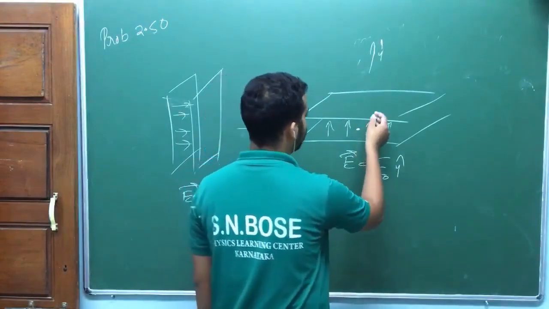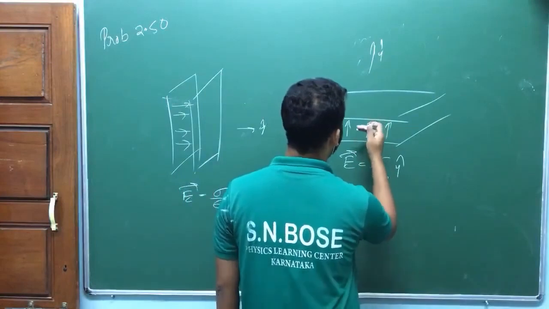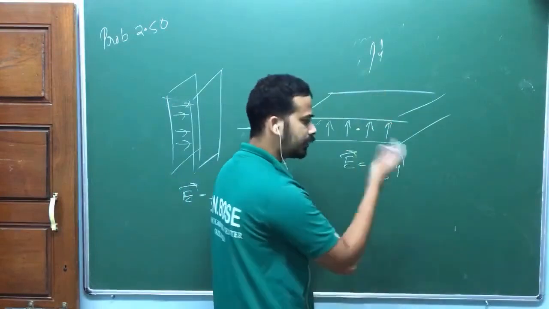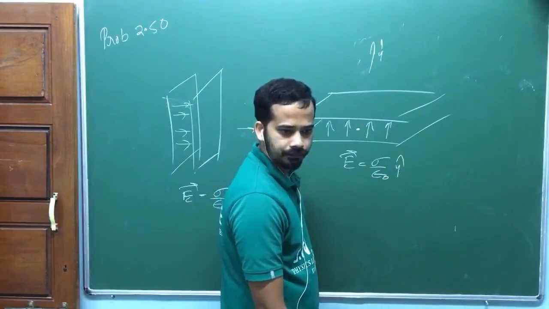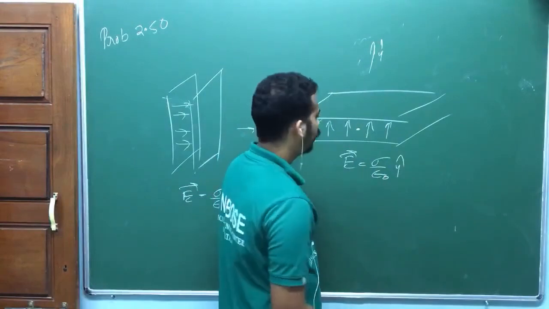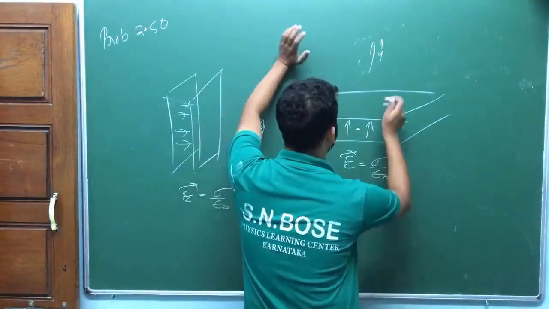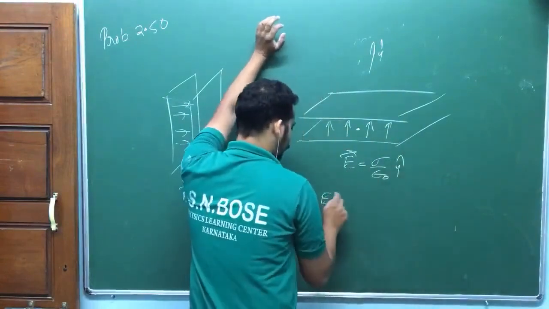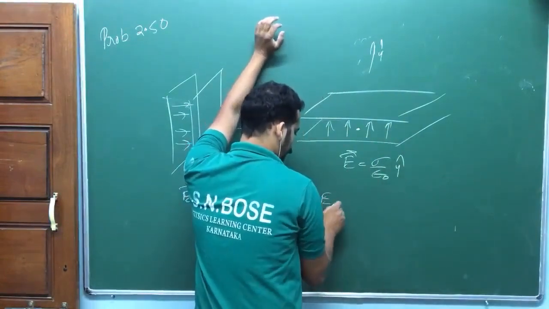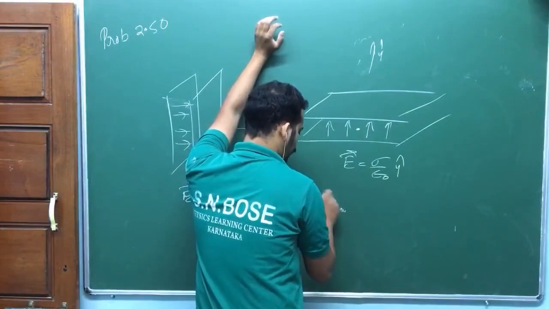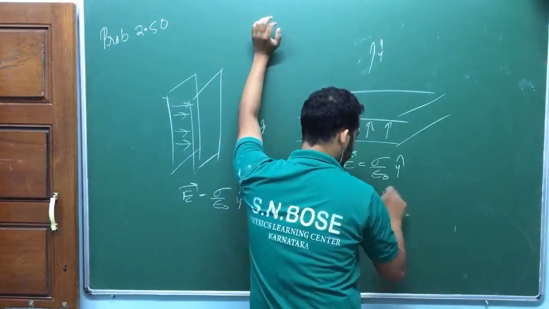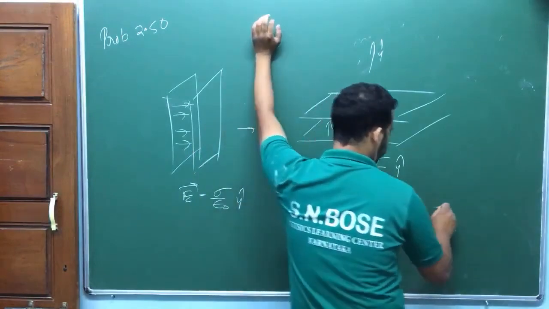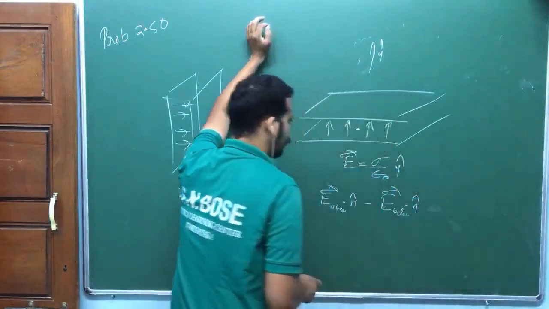Then also, below the electric field is non-zero, above the electric field is 0. Change in electric field is sigma by epsilon naught. But then if I consider vectorially, then it will be minus sigma by epsilon naught. Wait, once again. So here, what we have written: E above dot n cap minus E below dot n cap is equal to, it should be sigma by epsilon naught, am I right?